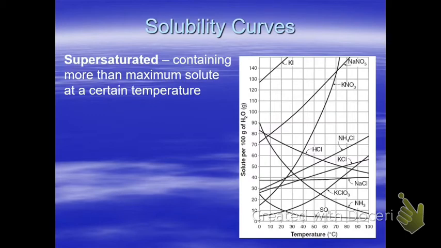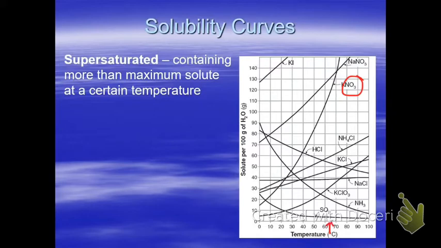So here's the situation. Let me get my drawing tools here. And let's say that we are looking at potassium nitrate there, and let's say that I saturate it at 65 degrees, so that's like right there.